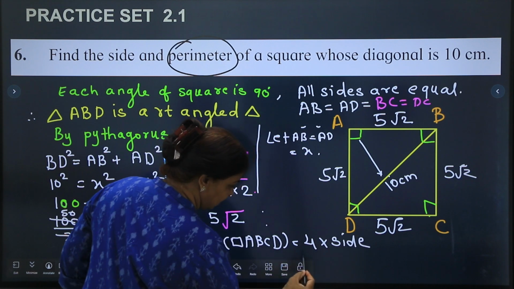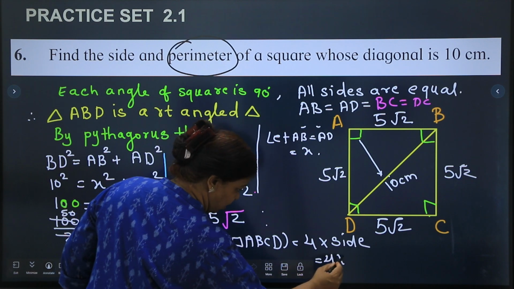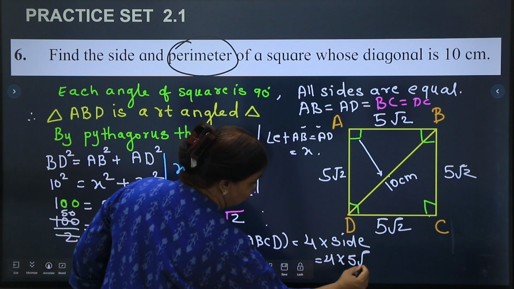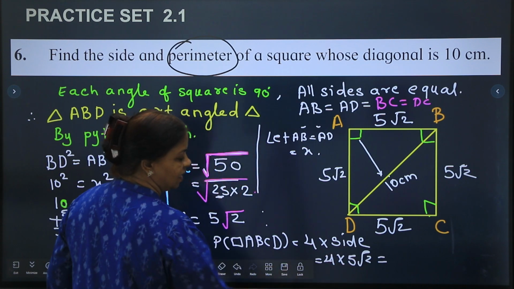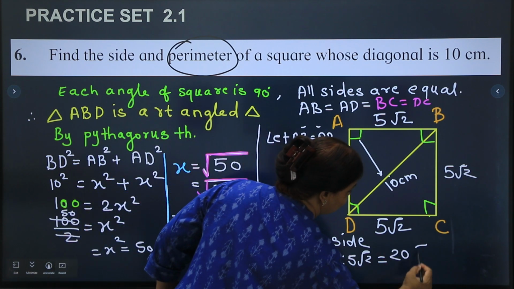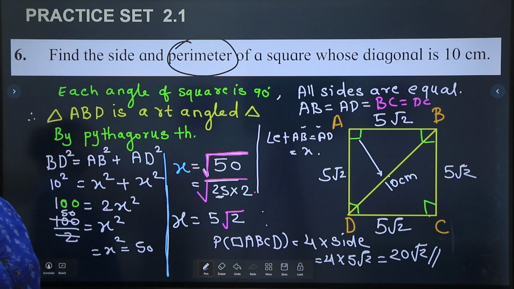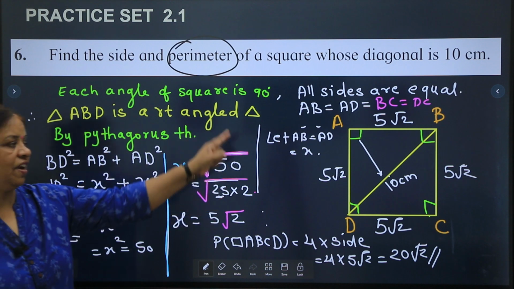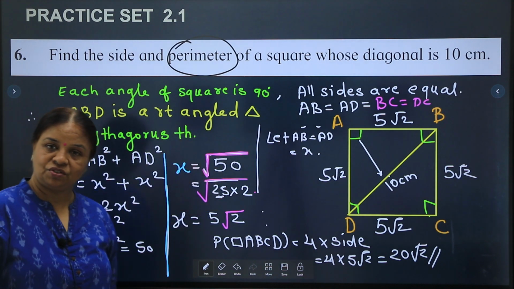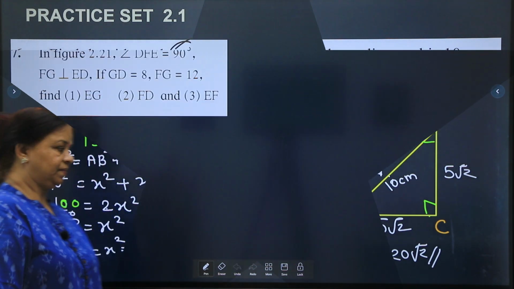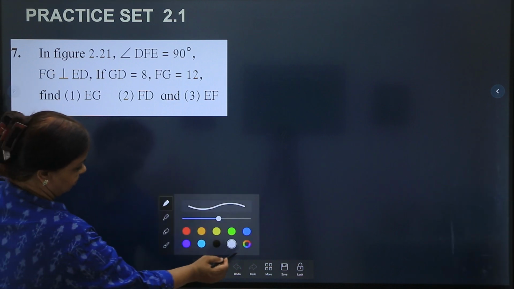How much is the side? 4 into side 5 root 2, which is equal to 4 5s are 20 root 2. So the perimeter of the square is 20 root 2 and each side is 5 root 2. You can pause the video, children, and you can solve the sum. The seventh sum, children.